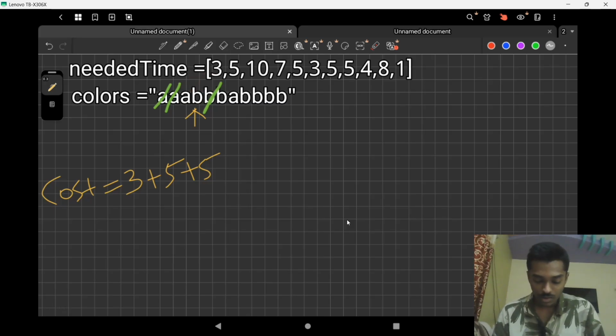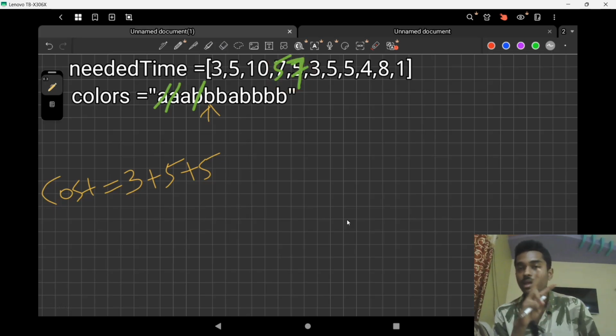If we exchange them, this b becomes here and this b comes here, and their respective costs 7 and 5 get exchanged. So this becomes 7 and this becomes 5. Now this is our previous, and we remove this b. I hope you understand it. We are just exchanging them.